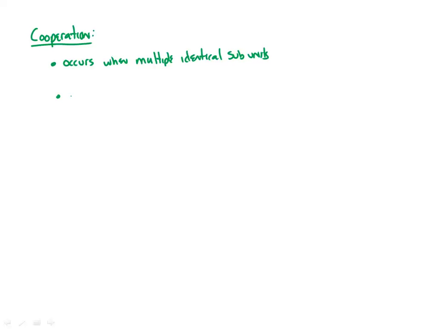And the general idea is that if you bind one active site, it causes the other active sites to bind easier. And because it binds to the active site, it's not technically what they would call allosteric regulation, even if it has the same general principles, which is simply binding something to an enzyme causes its activity to increase. And the classical example of this one is hemoglobin.